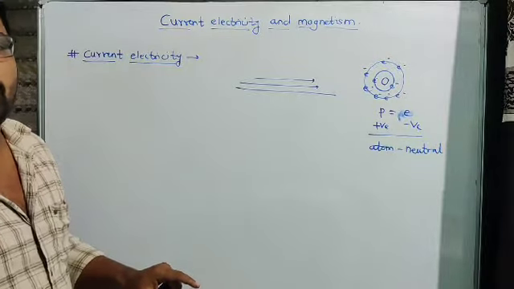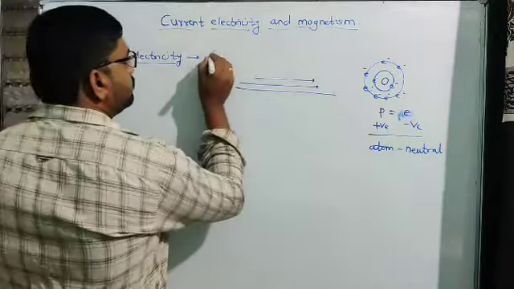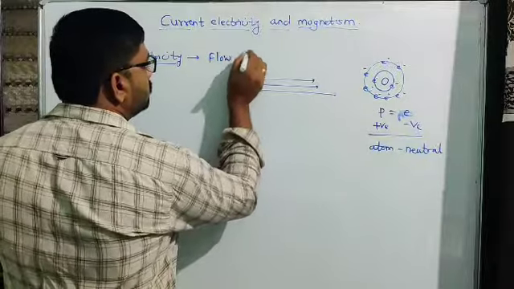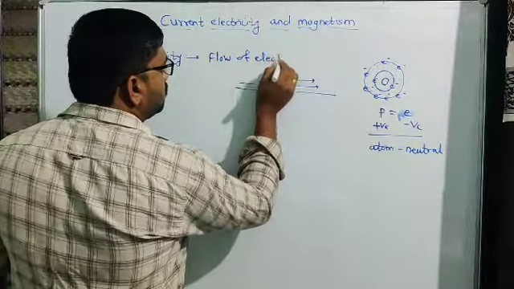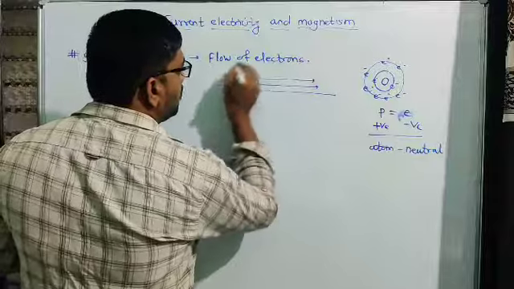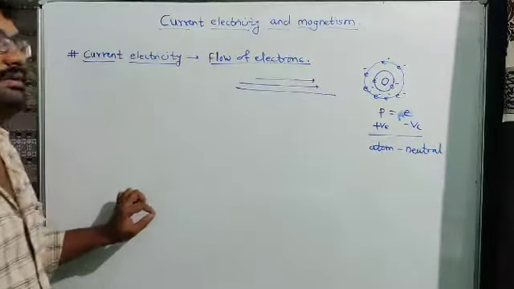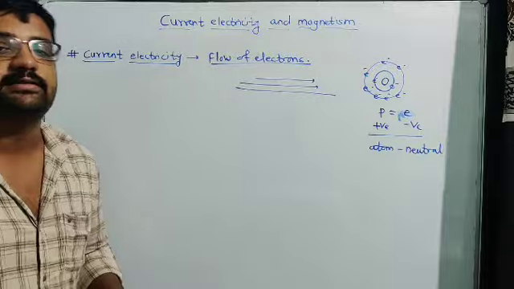Flow of electrons is simply called electricity.